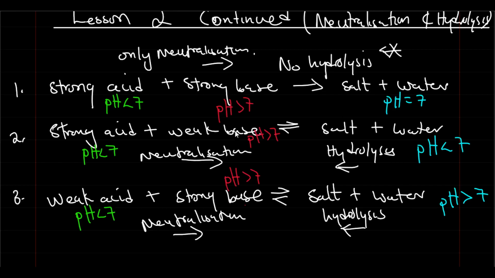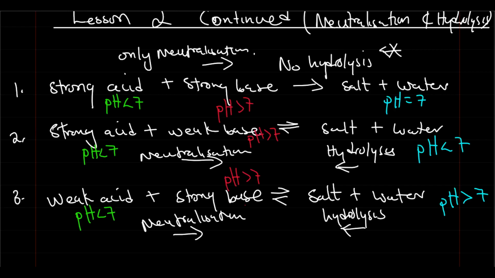The pH of the final solution will be what? Will be less than 7. So the solution of a salt that resulted from a strong acid and weak base will give a final solution of pH of less than 7. Why? Because we will have more moles of what?